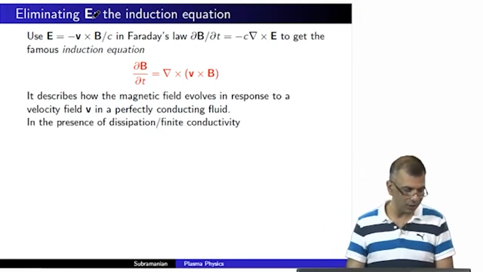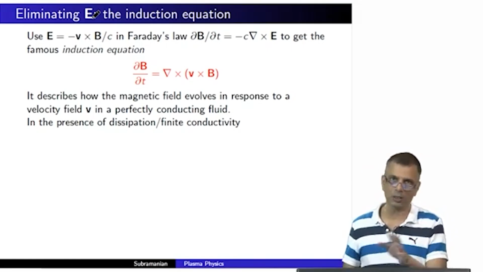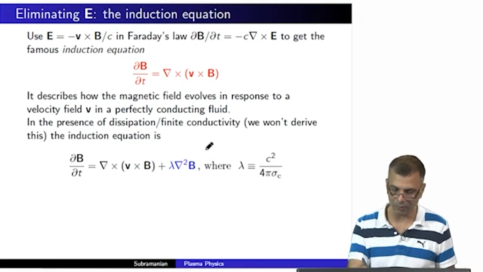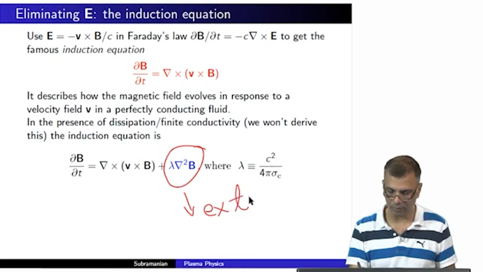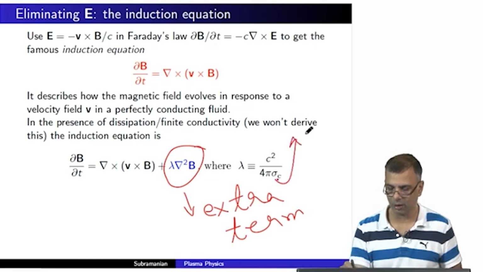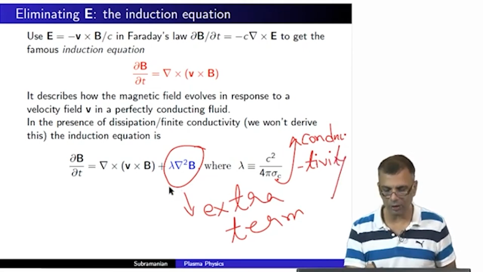However, we will not derive this, but we will say this: in the presence of finite conductivity, in other words in the presence of dissipation, the induction equation has this extra term. Where this lambda is related to the conductivity sigma c. This is the conductivity. So, you have the conductivity in the denominator here.